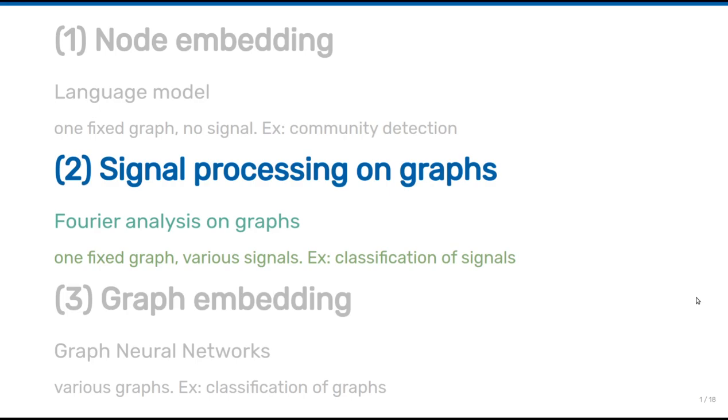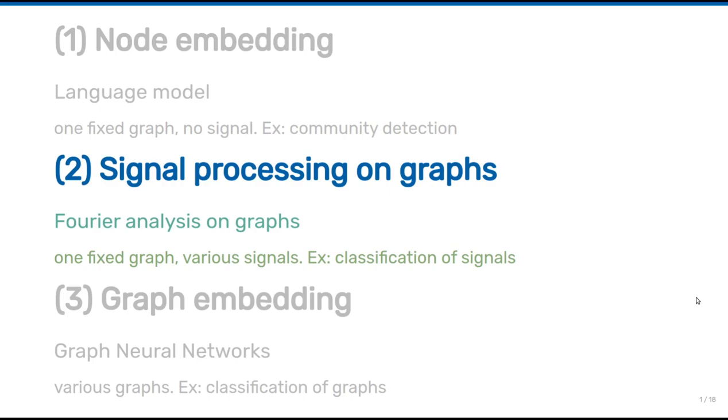So like in the first lesson, we will consider one fixed graph, but now we will have various signals living on these graphs, meaning that each node will contain a value, and the different signals will correspond to different values.